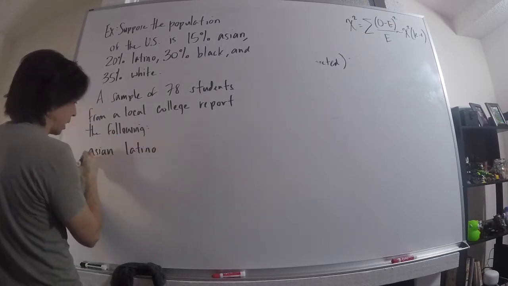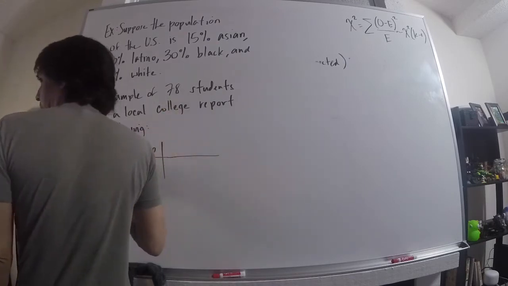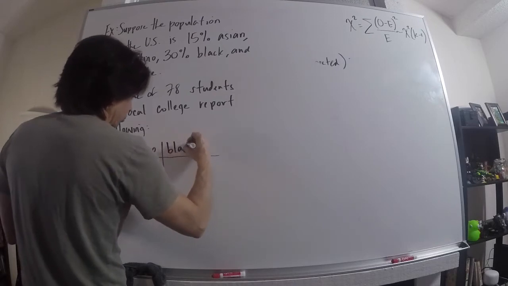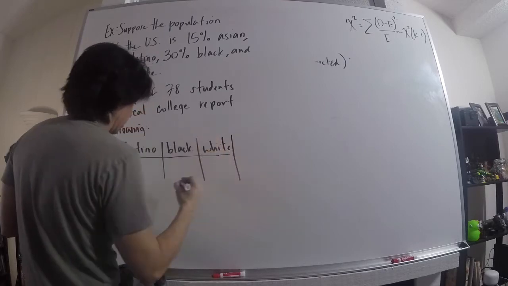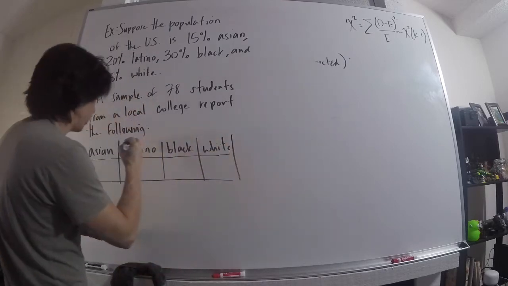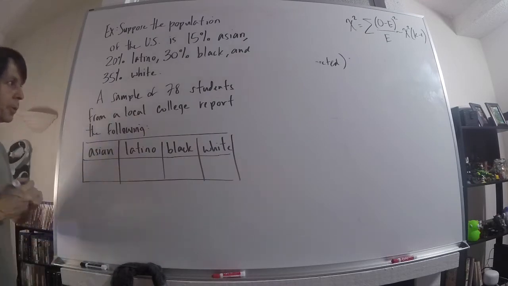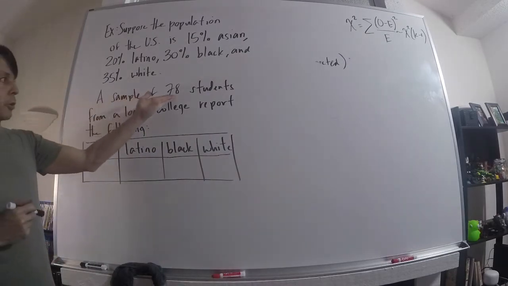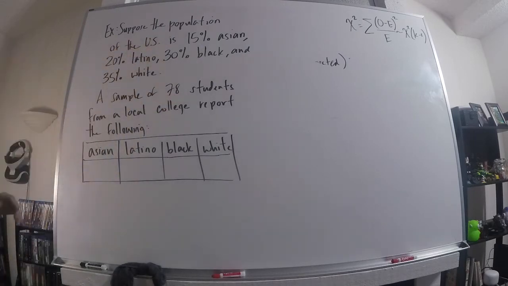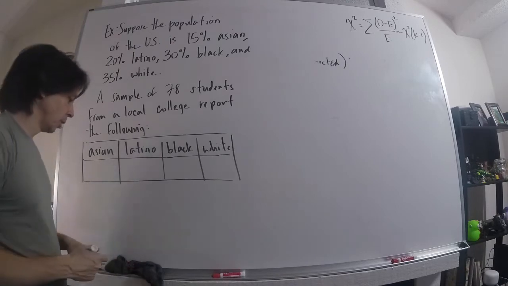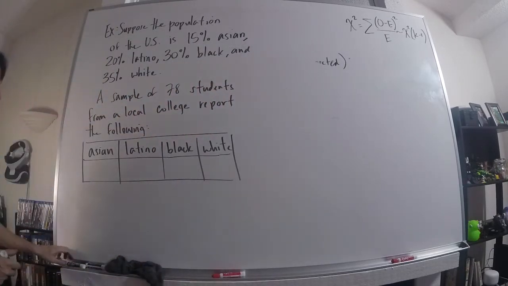So we're going to look at how these 78 students break down racially. In theory, if everything was harmonious, these 78 should break down into these percentages if you don't have any kind of social problems or racism or institutionalized racism holding people back, causing disproportionate representation.